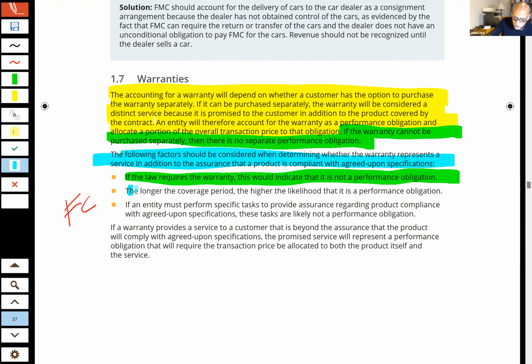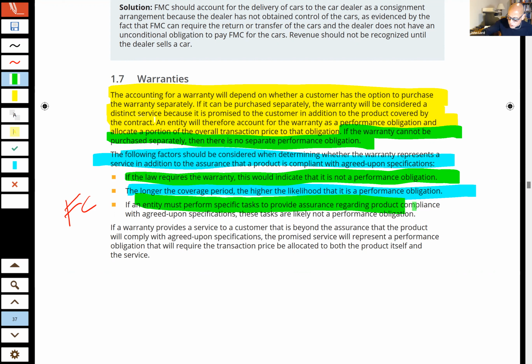The longer the coverage period, the higher the likelihood that it is a performance obligation, right? Extended an extra 2 years, whatever, okay? An entity must perform specific tasks to provide assurance regarding product compliance with an agreed upon specification. These tasks are likely not a performance obligation, okay?